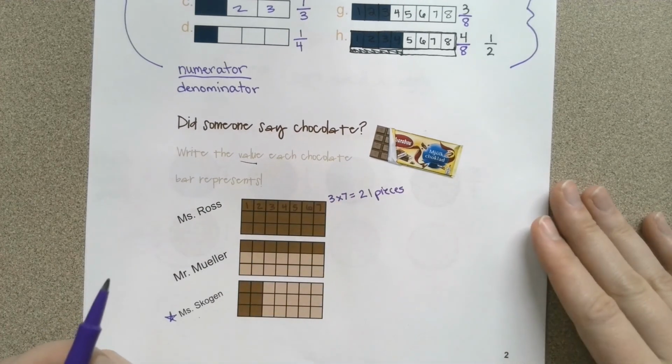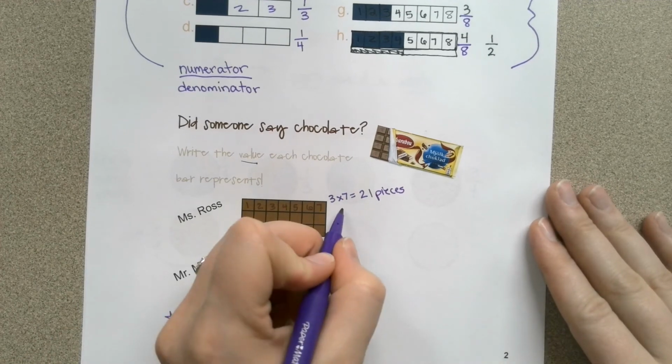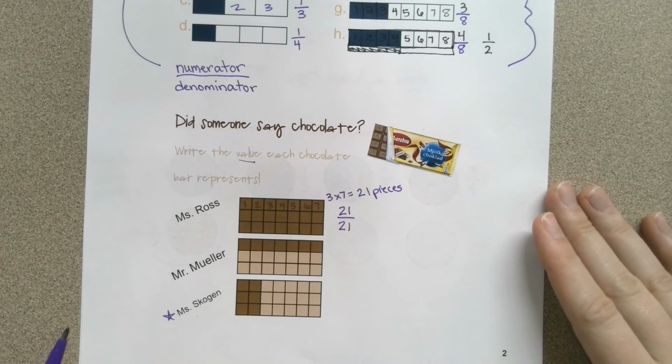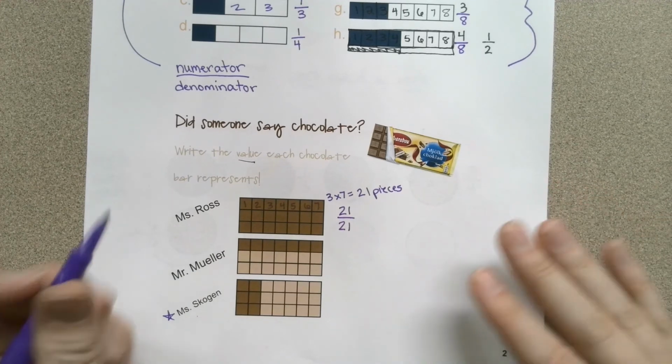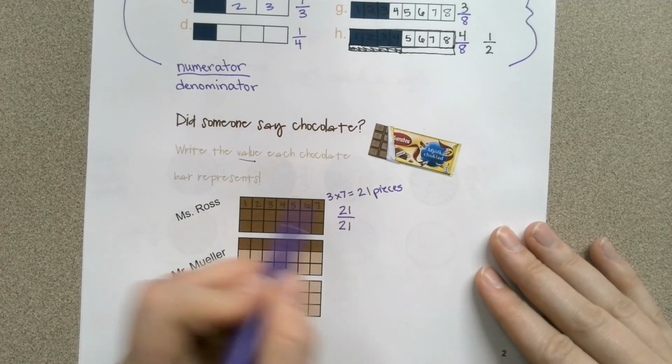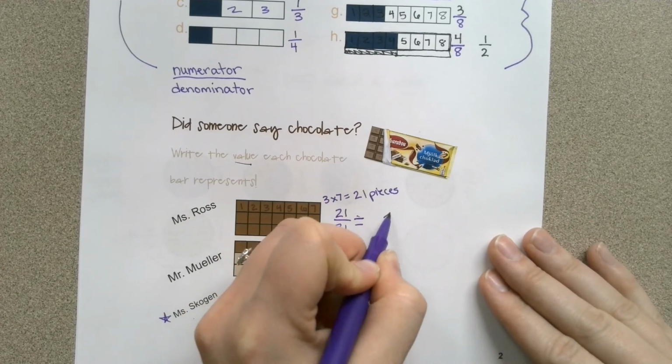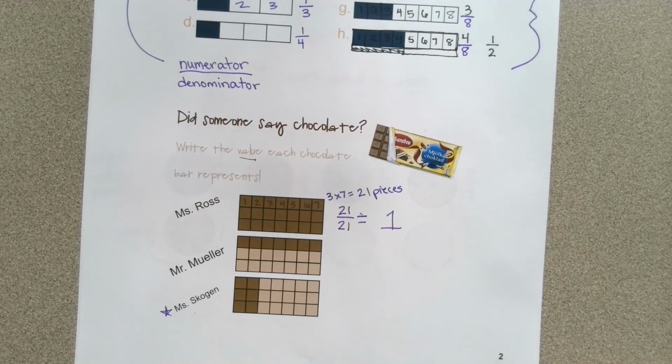But Ms. Ross hasn't eaten any of them. They're all still here. So she still has 21 of 21. We could also say that she has all of the candy bar, the entire thing, the whole thing. She has the one whole candy bar, so 1 would also represent that.